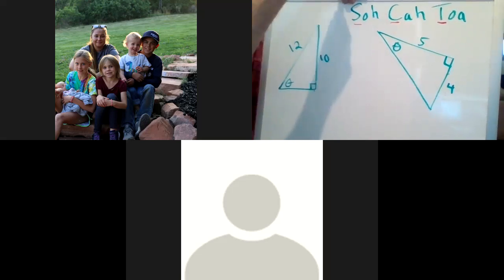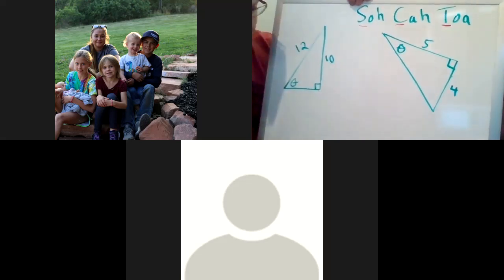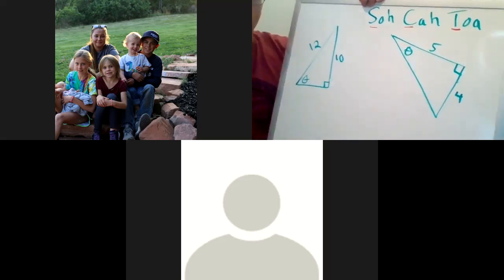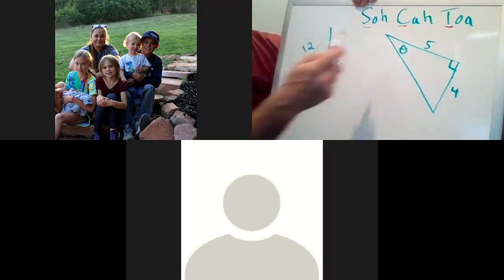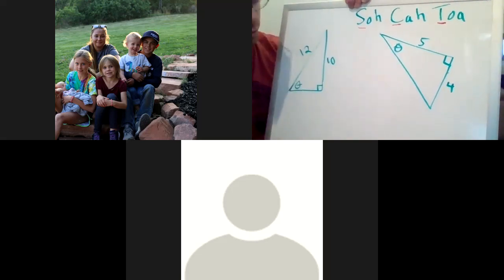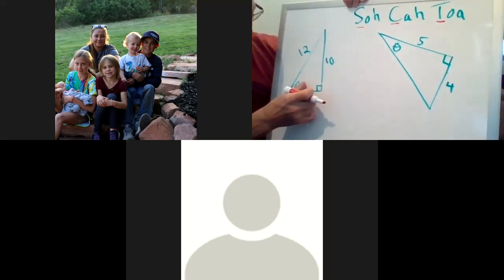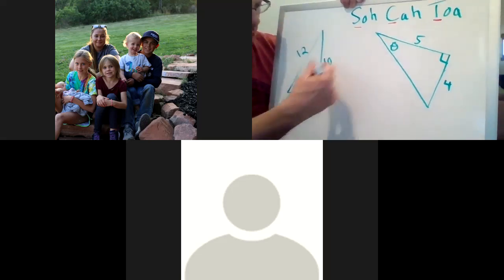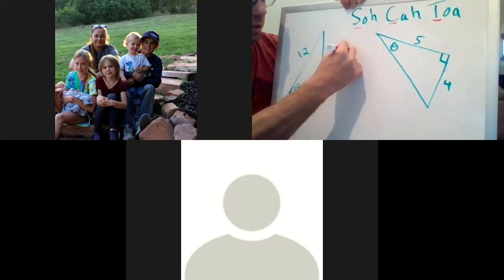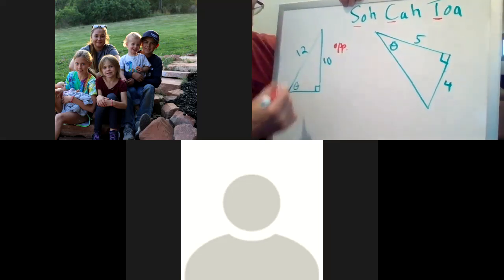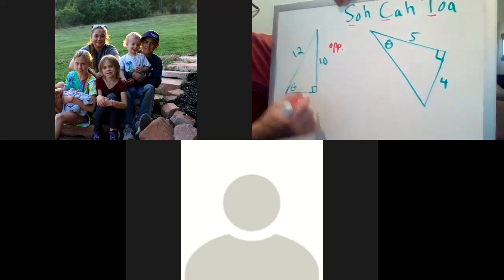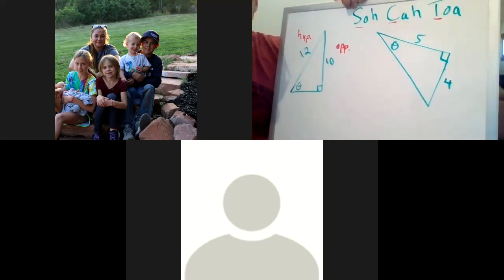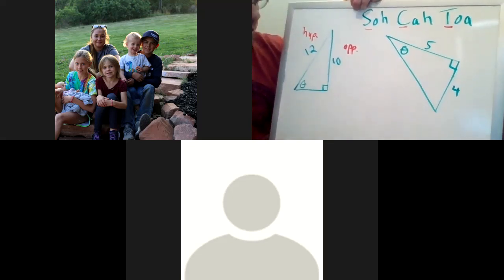Now, the way these types of problems work is we're going to start just like we started the other ones, meaning I'm going to label the sides, in terms of the language, opposite, hypotenuse, and adjacent. So if you position yourself at theta, this side 10 is across from theta, so we call it the opposite side. 12 is across from my 90-degree angle. 12 is the long side in the right triangle, so it's the hypotenuse, okay?